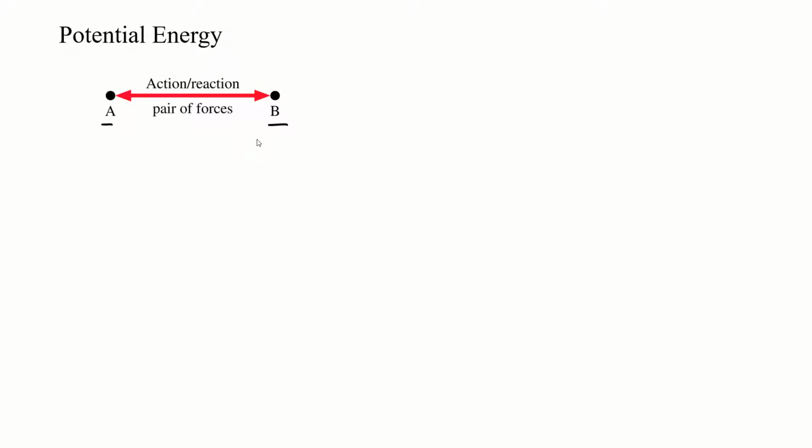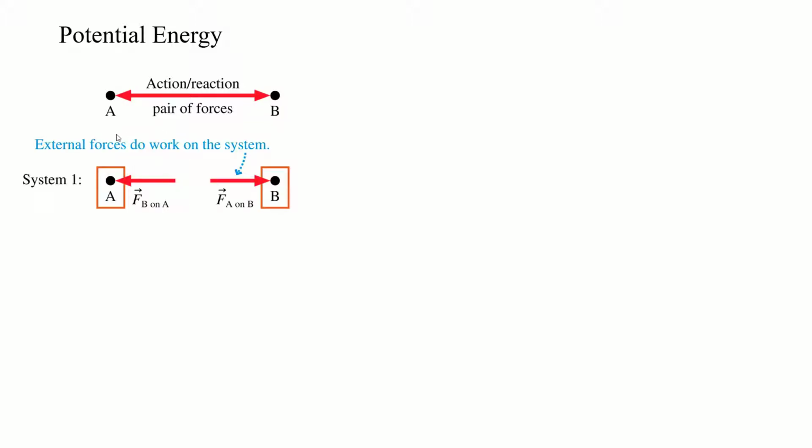Well, there are a few ways we can analyze this using energy. The first one is to analyze them as individual systems. So in the first case, if we look at system A, just particle A as one system, it has some force, the one from B acting on A, and there's nothing else holding it there.